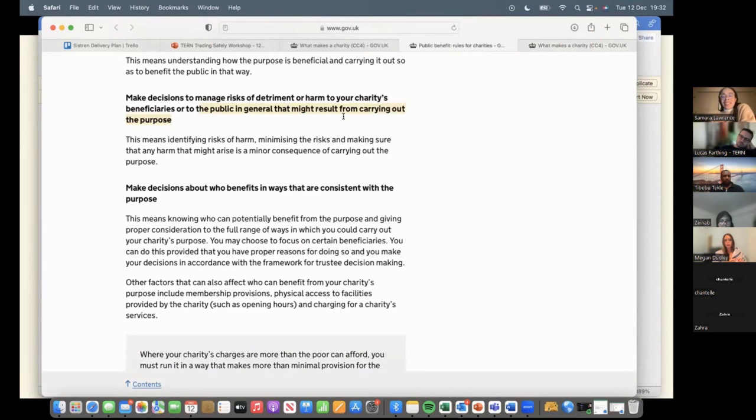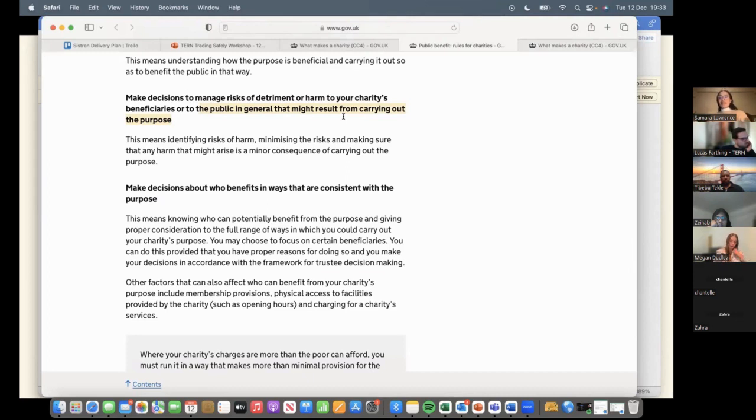You might feel, of course I'm not going to cause any harm, but an example where the Charity Commission would see a lack of public benefit is animal rights organizations that are against testing on animals. People might say that's a benefit for animal welfare, but the Charity Commission doesn't see it that way, because they see animal testing as having a broader public benefit.